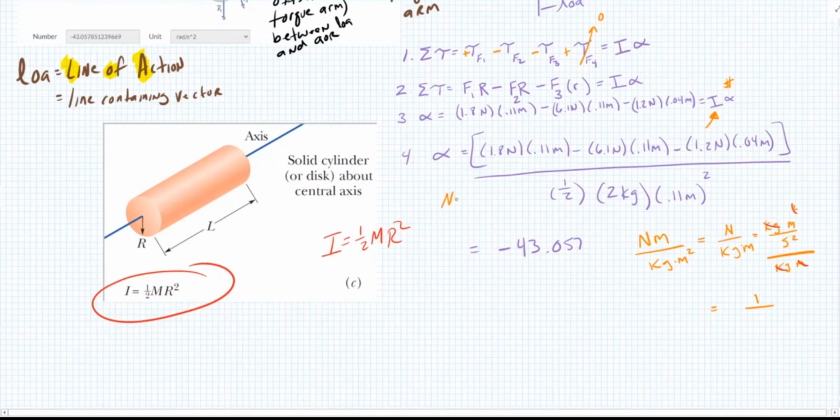A Newton times a meter all over kilogram meter squared is the same as a Newton over kilogram meter, which is the same as a kilogram meter per second squared all over kilogram meter.